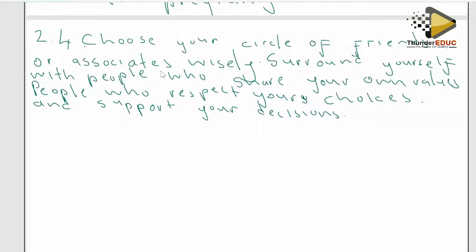Then moving on to the next point, which we might include under strategies as well. You need to set your own boundaries.